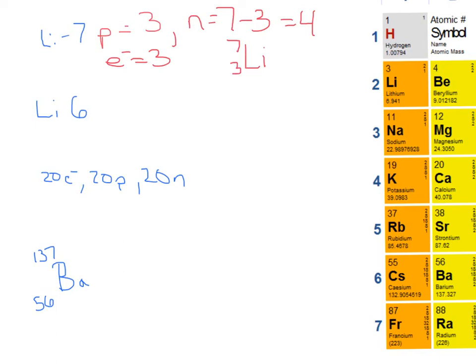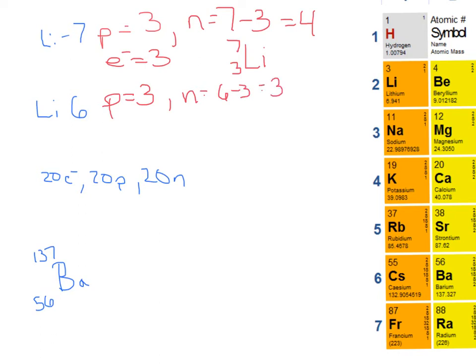So let's do a similar thing to lithium-6. This is another isotope of the same element. So one thing I could tell is that the number of protons, I don't even have to look because I know it's lithium. Lithium's atomic number is 3. Regardless of its mass number, it's going to have 3 protons. Now my number of neutrons is going to be the mass number, again, minus the atomic number. 6 minus 3.